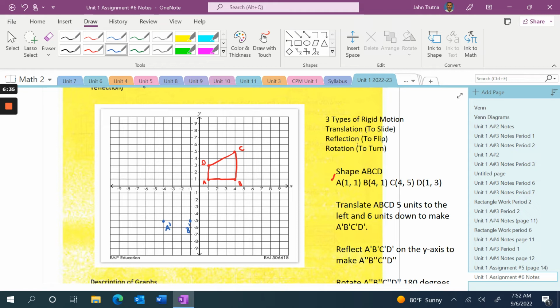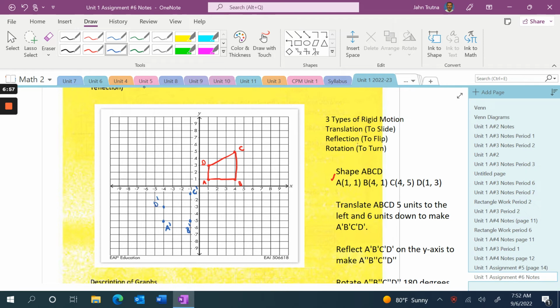So C prime would end up with the coordinates of -1, -1. And D, same thing, 5 to the left, 6 units down. There is D prime.